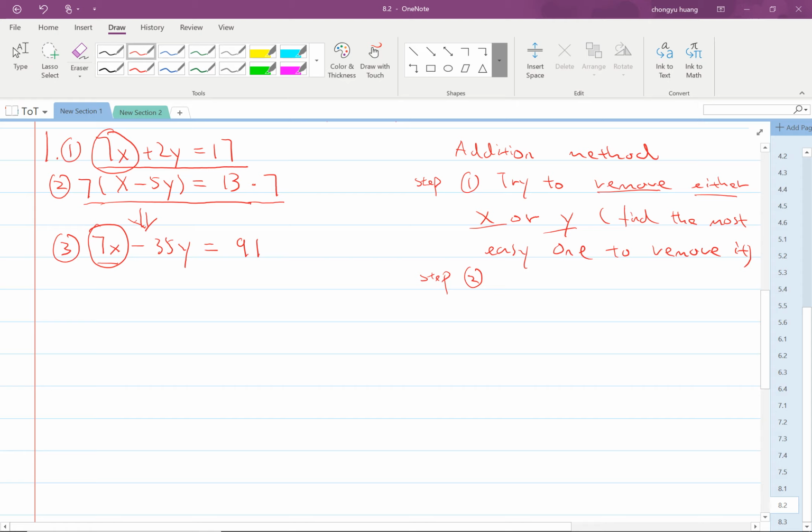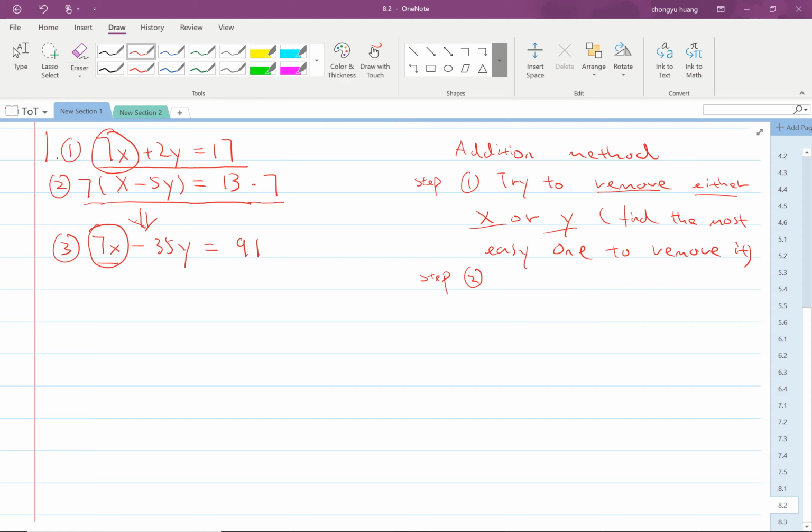Step 2 is you solve for either x or y. Let me add a little more detail.